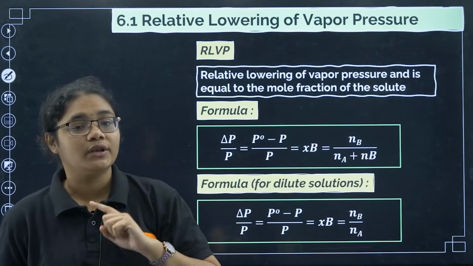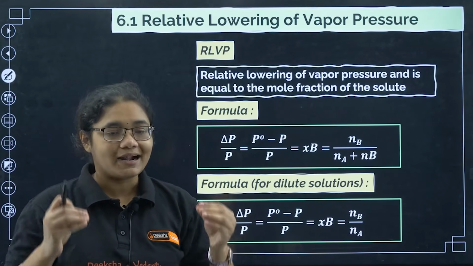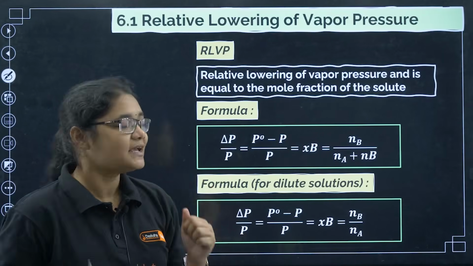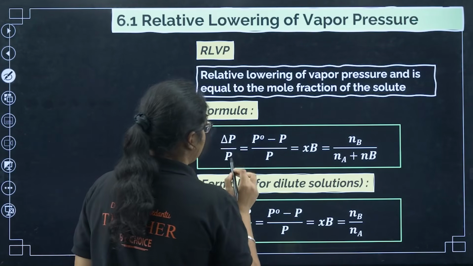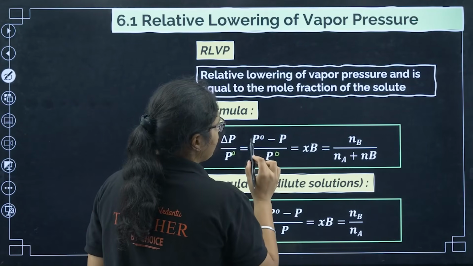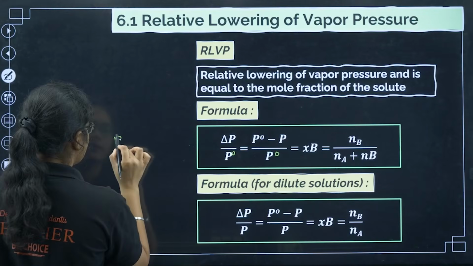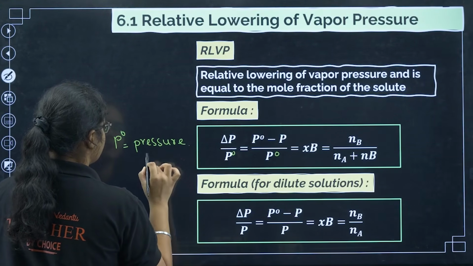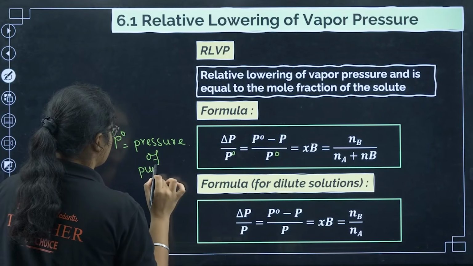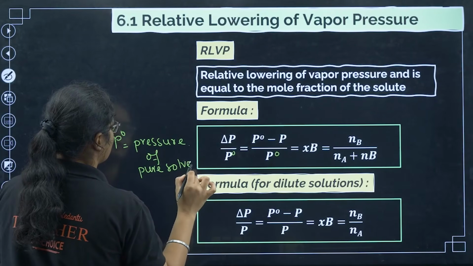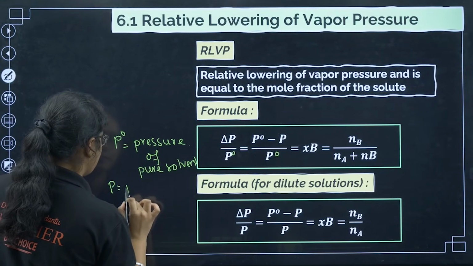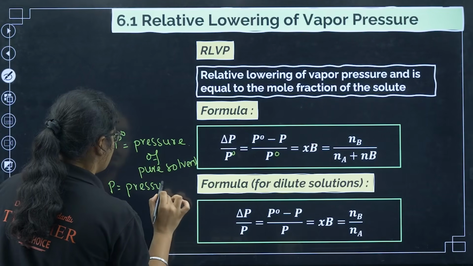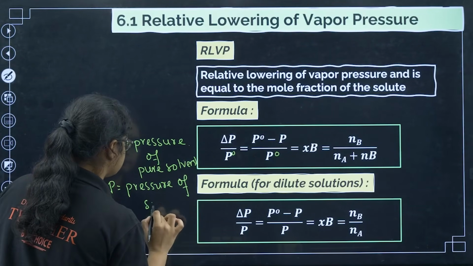First one is relative lowering of vapor pressure. Whenever you add a solute, the vapor pressure decreases. And what is the formula? Delta P by P naught, that is P naught minus P. So what is P naught here? P naught is the pressure of pure solvent. P is the pressure of solution.